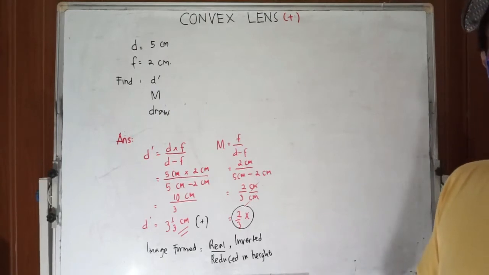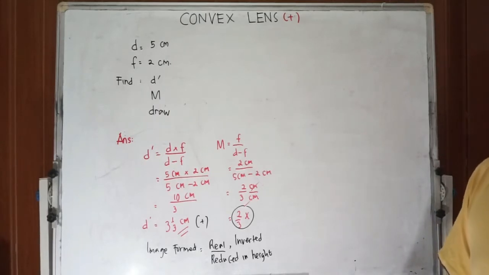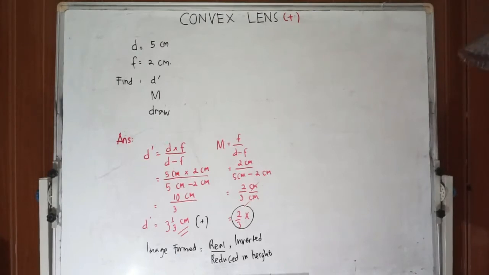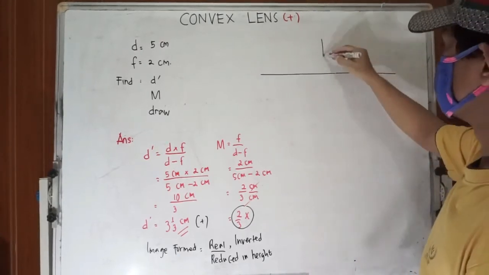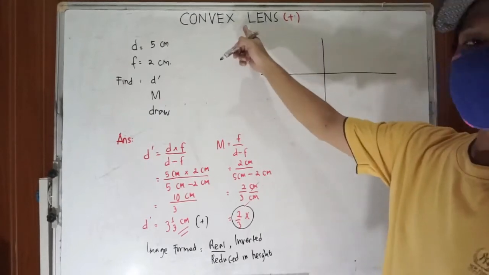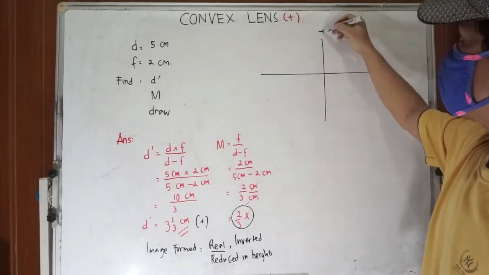Clear, students? Okay, now we go to the next topic. How to draw the image height and image distance on the drawing? Because this convex lens is the positive lens, you have to put the positive sign here.